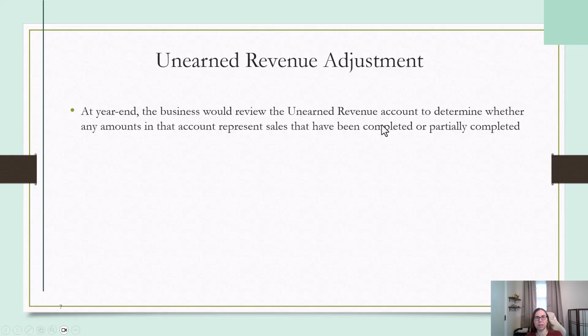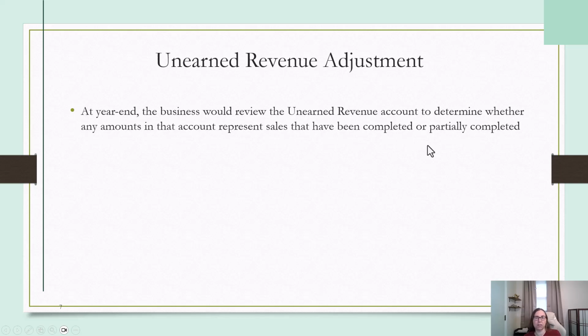Okay, so then we are going to look at the actual adjusting entry. If it's recorded in an unearned revenue account when the money's received, at year end, they would want to look at this account to determine if there are any amounts of money in that account that represent sales that have been completed or partially completed.